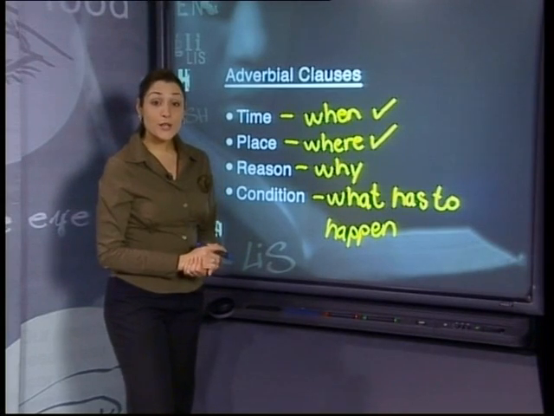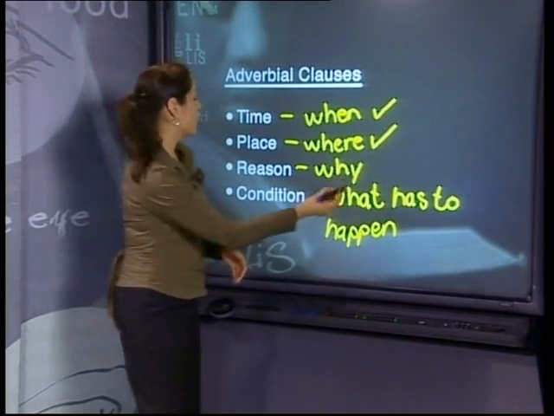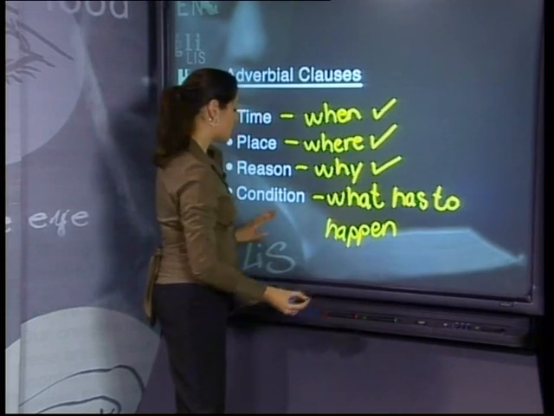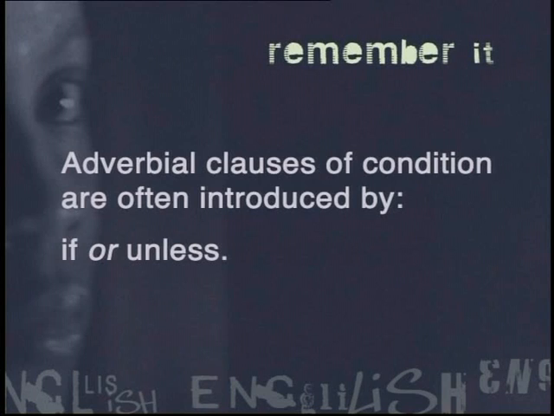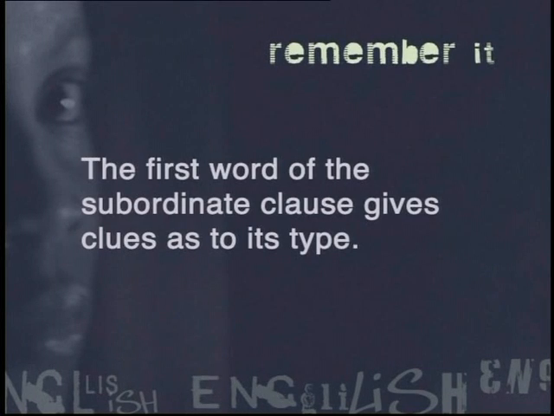Now we have also looked at adverbial clauses of reason and of condition. Adverbial clauses of condition are often introduced by the words if or unless. Remember, the first word of the subordinate clause gives us clues to the type of clause it is.